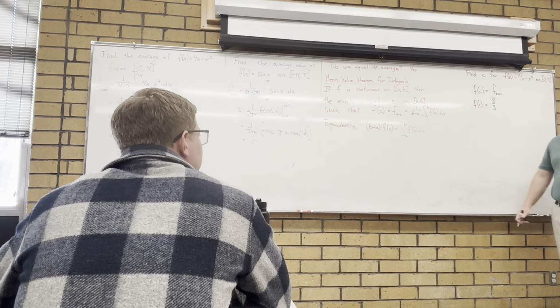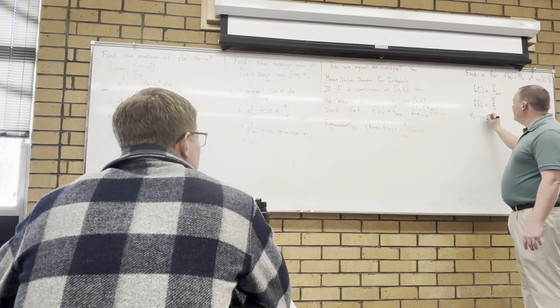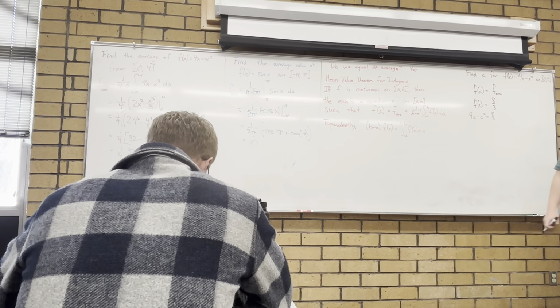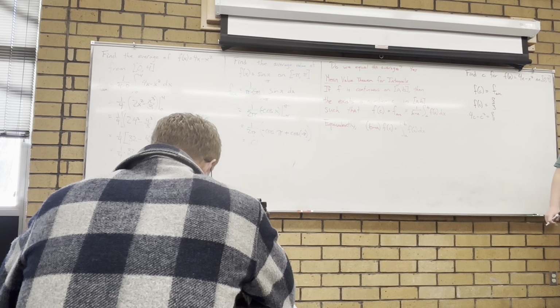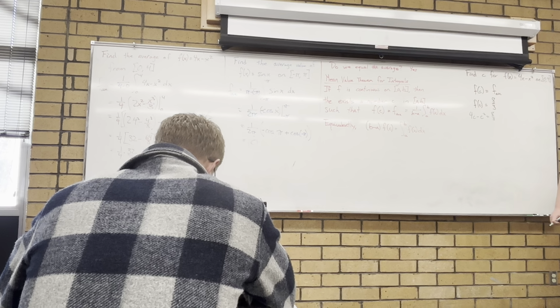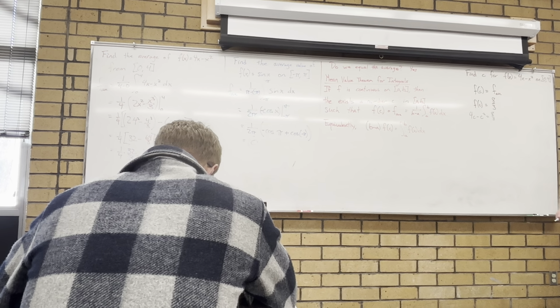So I need f of c to equal 8/3 for some value of c. That means 4c minus c squared needs to equal 8/3. And now we just have to solve a quadratic equation. Since I don't have my handy calculator that automatically solves every quadratic equation for me, I'm going to multiply by 3 on both sides and not have to deal with fractions for a while.